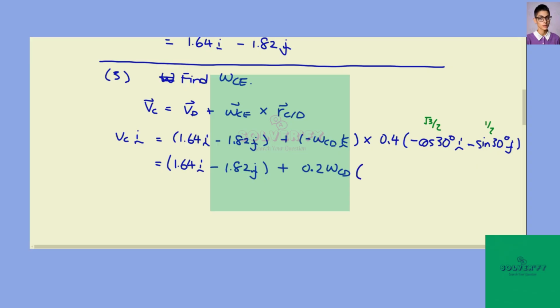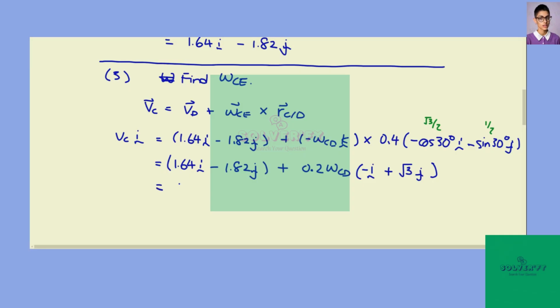Then the omega CD just carry it forward, and this gives I minus root 3 J. So this is minus K cross minus I, which gives positive J, and then minus K cross minus J gives minus I. So this is the correct one.